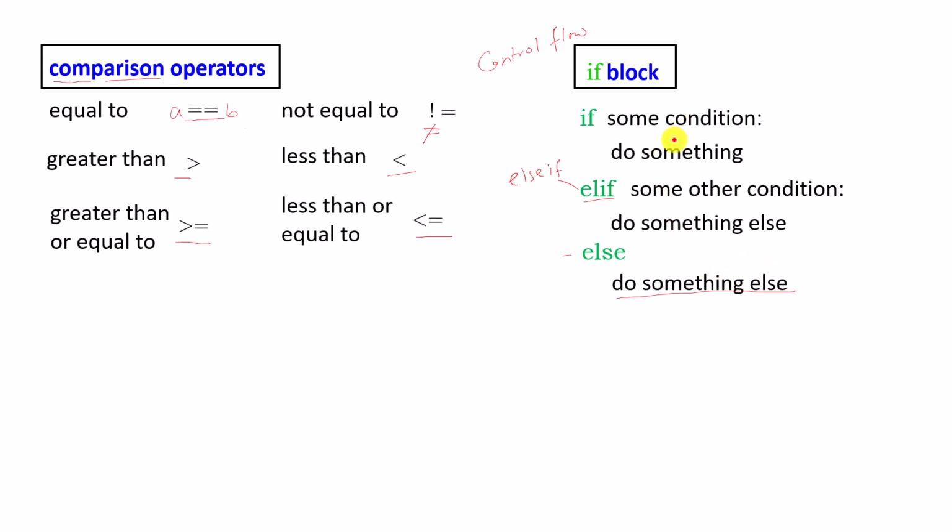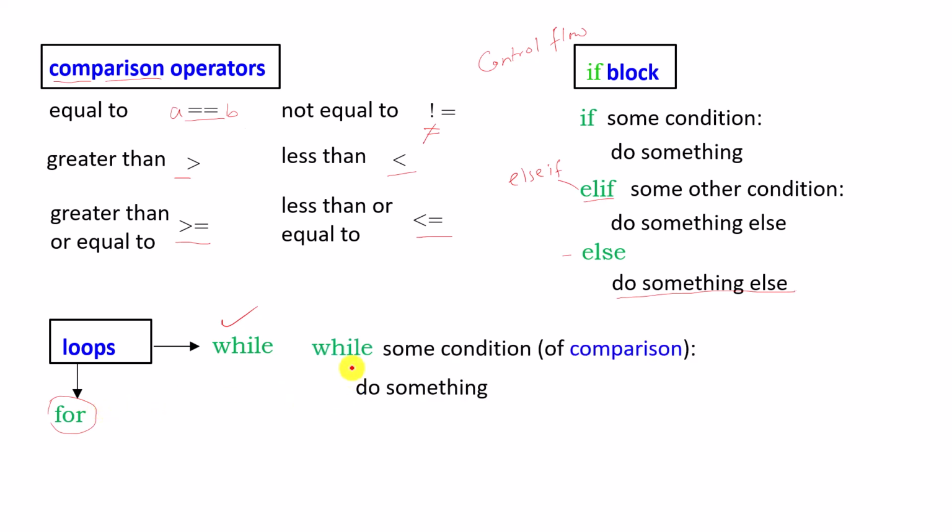Similar to this if block, there are certain loops in Python program. Two important loops are, one is this while loop and another one is this for loop. They are very important to control our program. So let us see how they work. While loop comes with certain condition, and this condition usually come from these comparison operators.